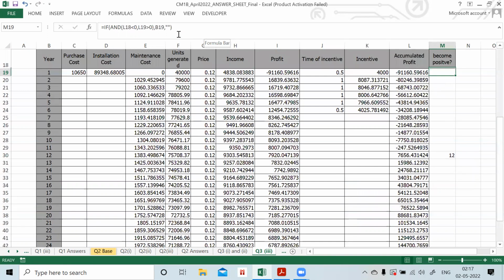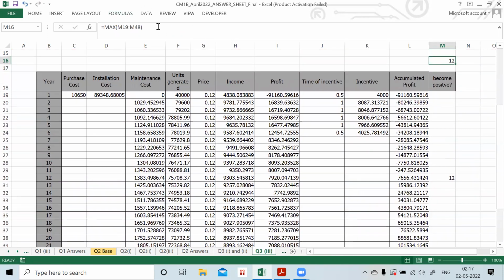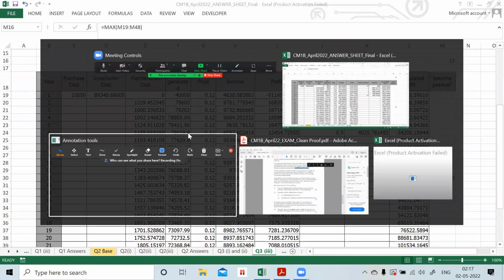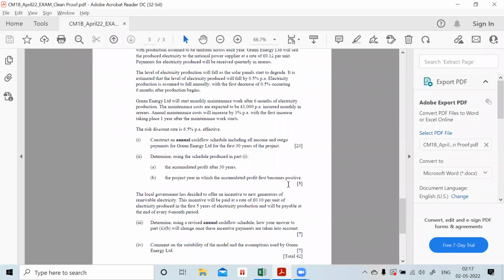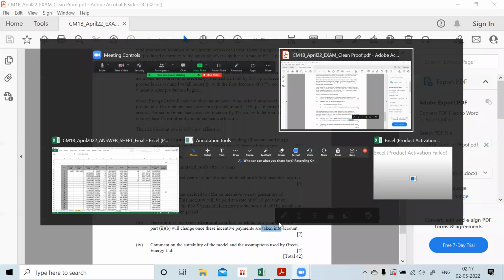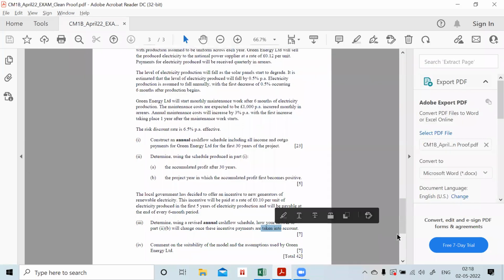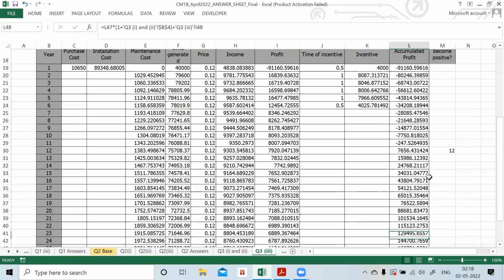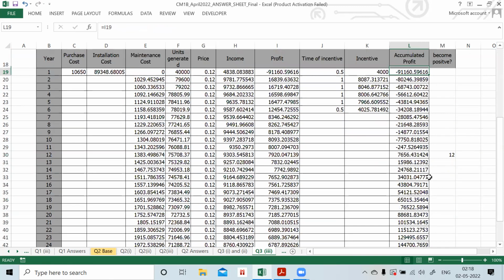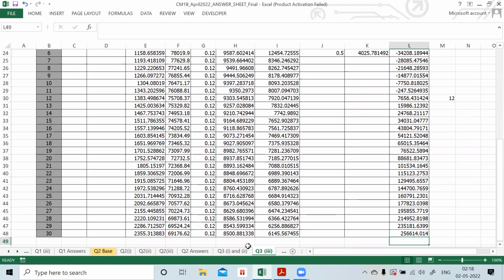Now if we see, the value becomes positive at time 12. Now the question asks what is the impact on this, how your answer will change. So the answer will change by exactly half year. So the profit will come faster once the government starts giving an incentive, and it will be much higher as well.